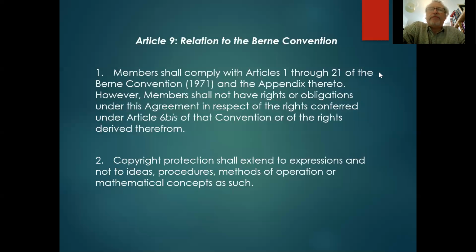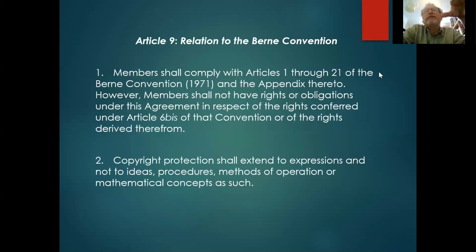At the time, slightly changed since then, the United States did not want the business model of the movie industry, and I guess also music, entertainment more generally, particularly Hollywood, to be affected by giving actors and other people who contribute to movies moral rights that are separate from economic rights.